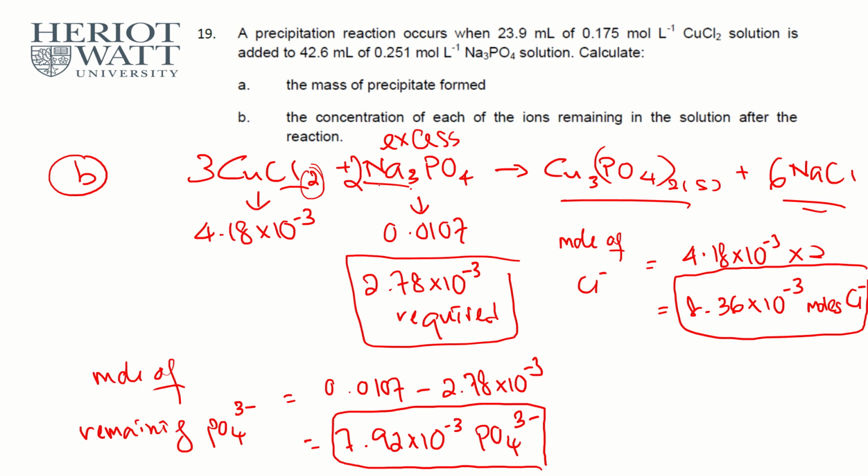So we take the total sodium ion, which is 0.0107. This is the total sodium ions that we use, which are not converted into a solid. So we're going to times how many? You have 3, so 0.0107 times 3.